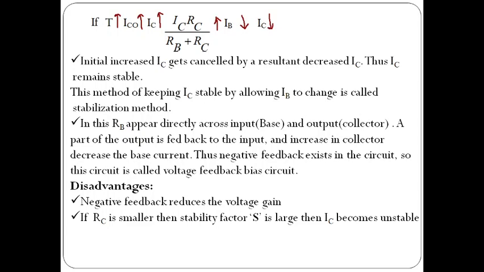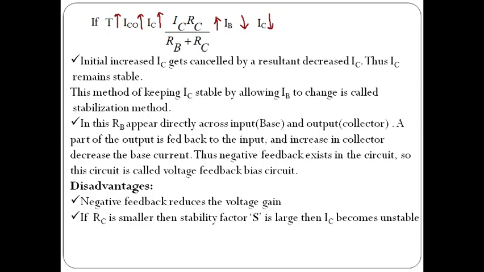Then the term ICRC by RB plus RC increases. When this term increases, what happens? The IB value is decreased. So you can check in the previous slide. The IB value is decreased.